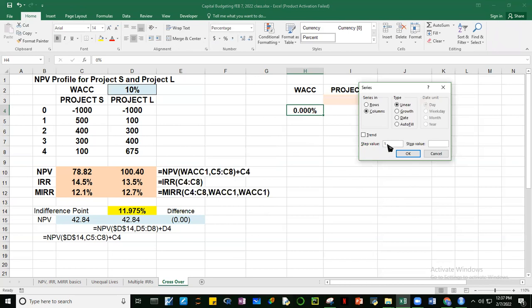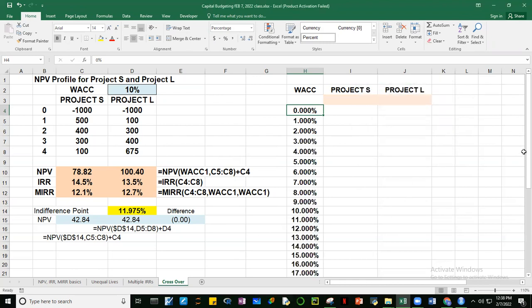Step value natin, let's make it increment by 1%. Stop value natin, gawin natin up to 30%. Increment of 1% hanggang 30%.